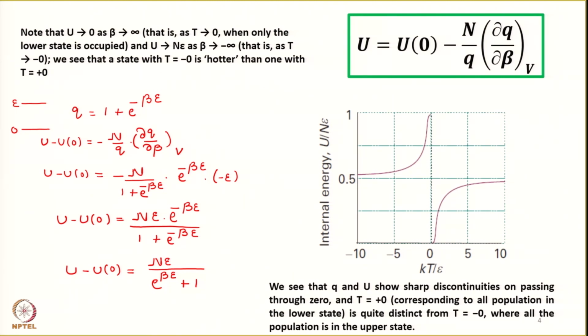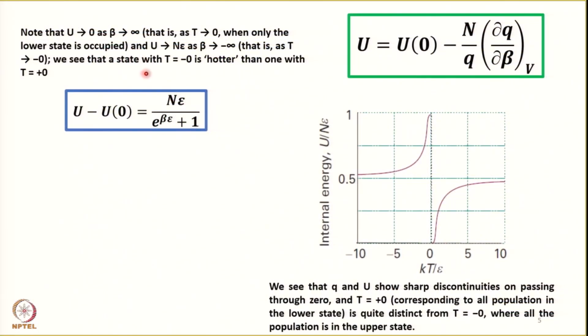We will discuss it a little bit more. So we have now derived this expression, that the internal energy is given by N E divided by exponential beta E plus 1. Let us discuss the conditions.